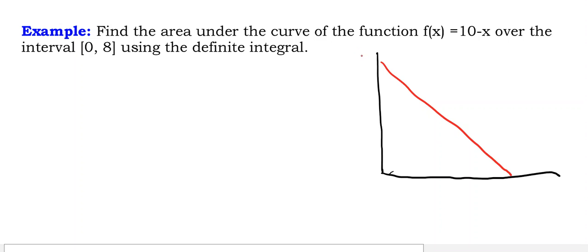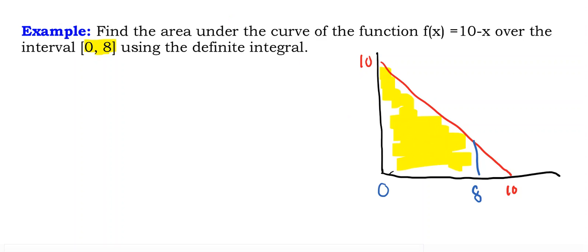And so this is going to be 10 on the y-axis and 10 on the x-axis. And it's bounded by 0 and 8. So that means we're going to bound it at 0 and at 8. And so the area is going to be all of this area in here. That will be our area.